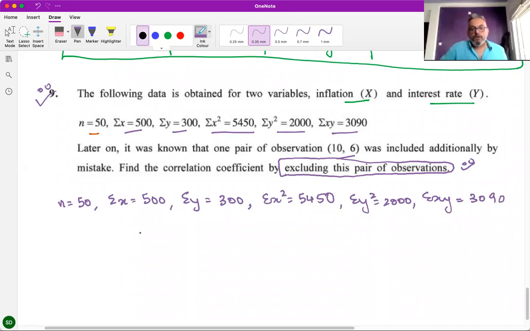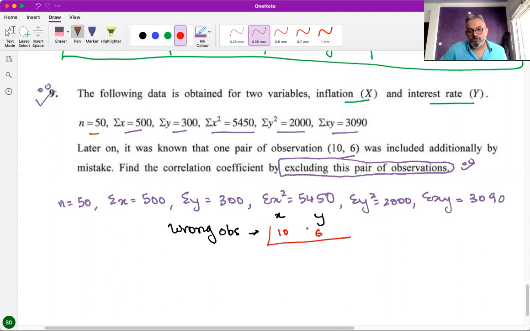Now, our wrong observation for x and y were taken as 10 and 6. Now we have to remove them altogether. इसको निकाल देना है. So यहाँ पे wrong और correct नहीं है, सिर्फ wrong है, उसको निकाल देना है. So let's do xy, that is 60, x square, that is 100, and y square, that is 36. So your wrong observation needs to be removed.